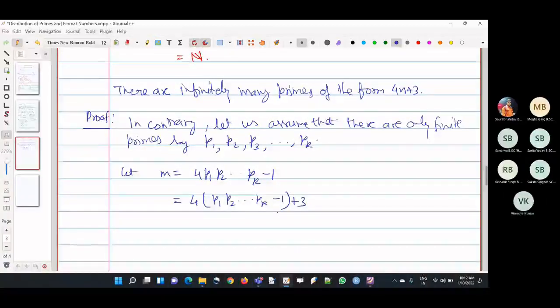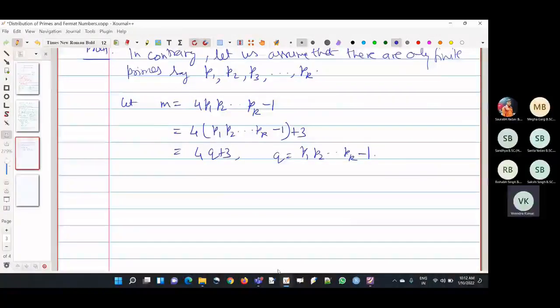Okay, minus 1 plus 3. So this is equal to 4q plus 3, where q is p1, p2 up to pk minus 1.